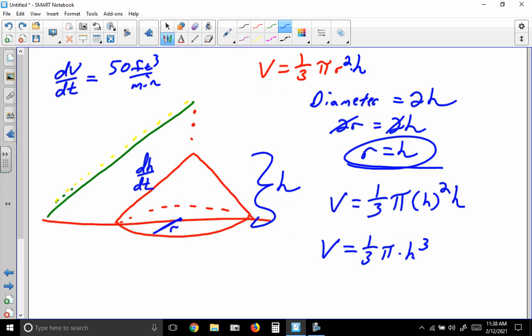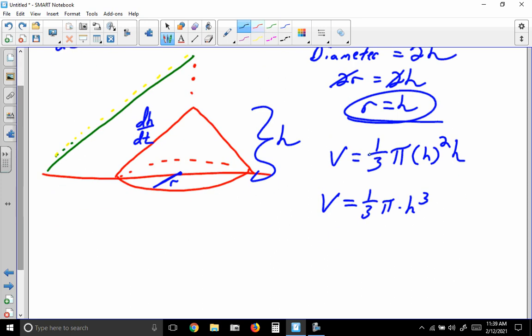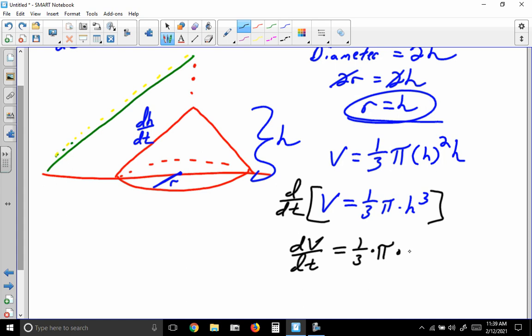So we always start out with an equation that relates our two variables, our two rates that we're wanting to compare. And then we can take the derivative with respect to t. So take the derivative of the left side, that gives us dv dt. That means how fast the volume is changing over time. 1/3 times pi is a constant, and when we take the derivative of h cubed, we bring the 3 down, h to the 1 less power, times the derivative of h.